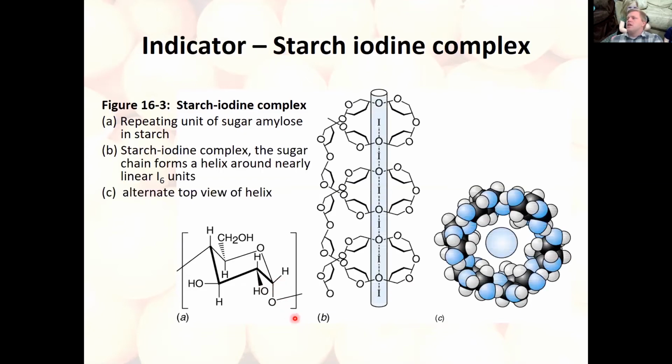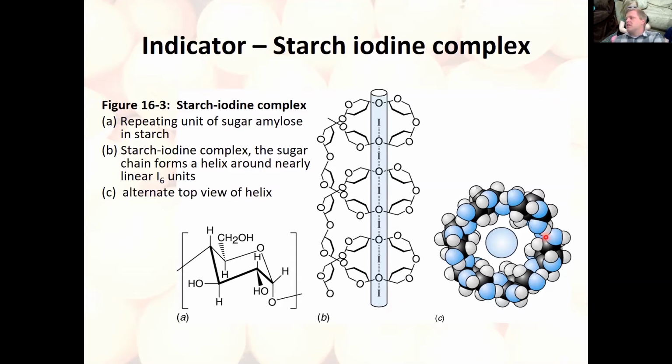And what these long chains of sugar will do is actually wrap themselves around I3 minus, or actually more properly around I6 units. So it'll have 2 I3 minuses in there. When the starch complexes with the I6 minus, then all the OH groups on these sugars can hydrogen bond to the I3 and I6 minus complexes, and that causes changes in the electronic structures of these species, causing them to turn blue.